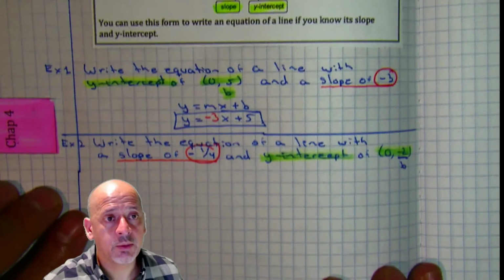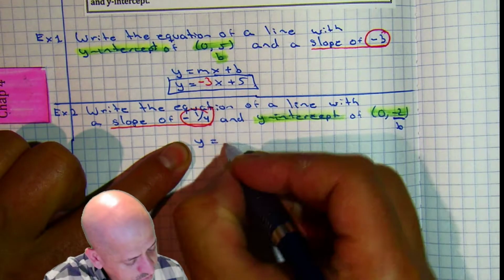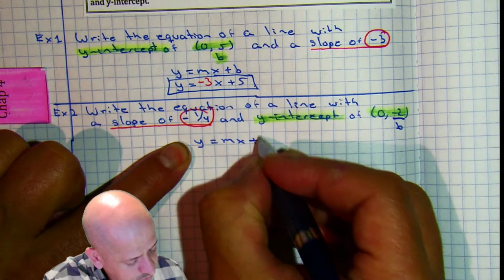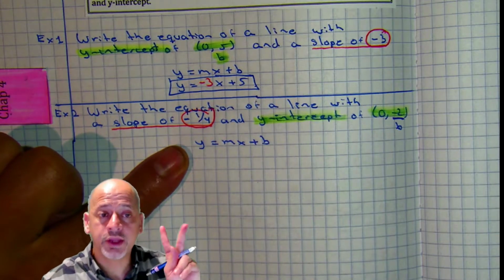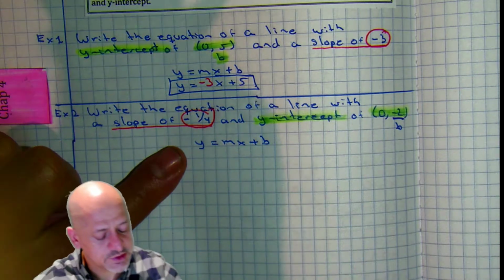And now we can write down the equation. y equals mx plus b. And I'm going to replace two things: my slope and my y-intercept.